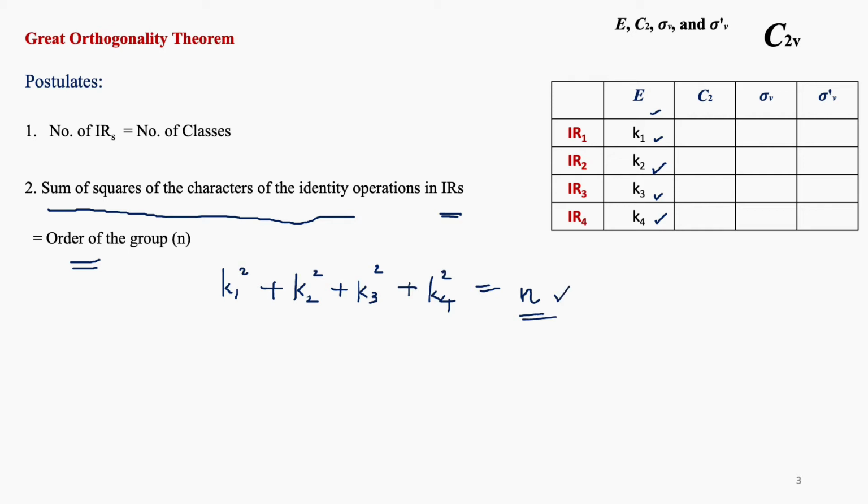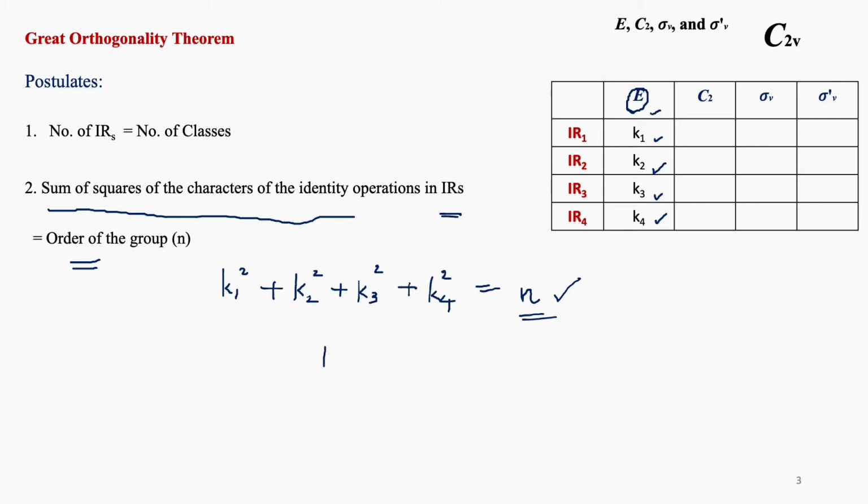We know that E is the identity operation which will be a part of all the molecules, and this operation will leave the molecule unchanged, and hence all the characters will be equal to 1.